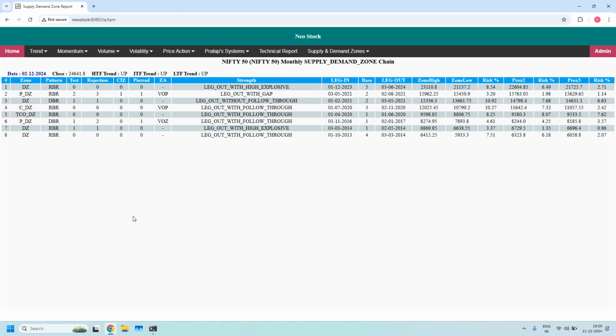This is a NIFTY monthly supply demand zone chain. Always look into the zone column to find high liquidity zones. Look into the pierced column to find the pierced zones. Always look into LTF trend to find the trend of the current time frame you have selected. This is the way you should understand the remaining time frame reports.